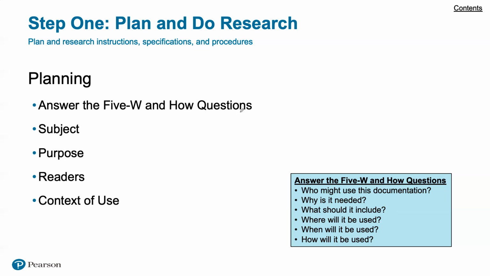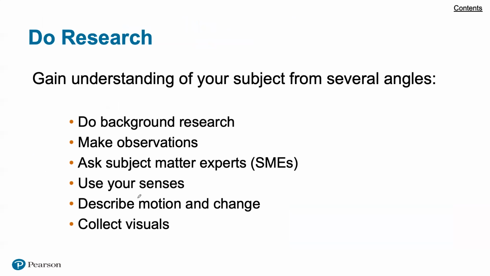Once you've got that figured out, it's going to be easier for you to think of the subject and the purpose. By doing these questions, you're going to have more insight into who the readers are and what the context of use is. So that's the first thing we want to be thinking about, getting this planning and then doing the research as a fallout of that planning to make sure that you're covered.